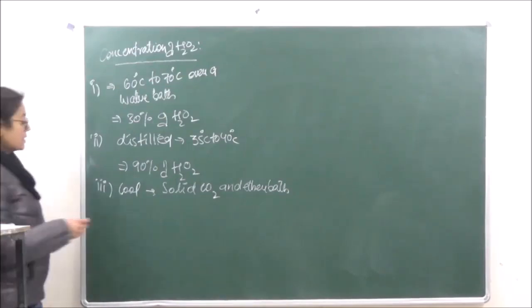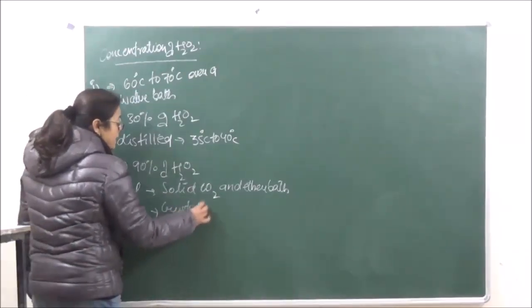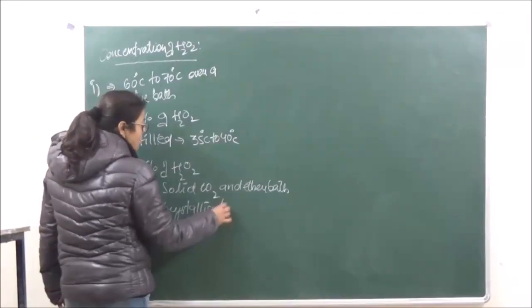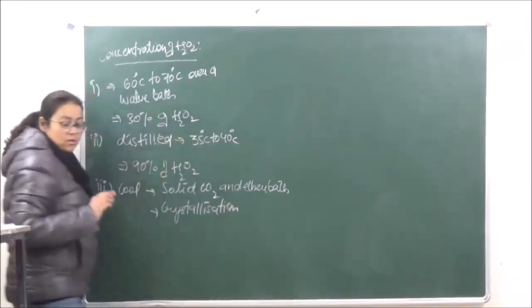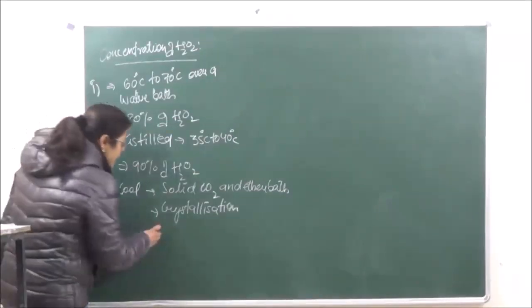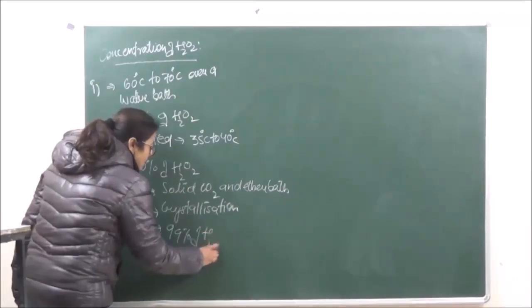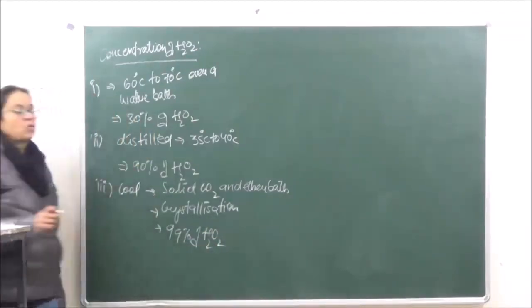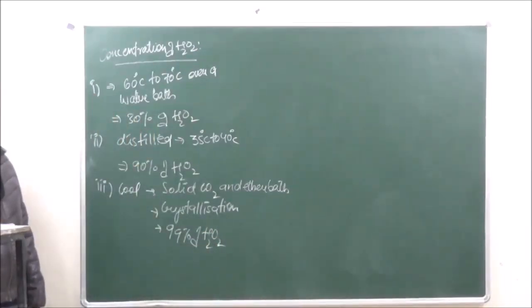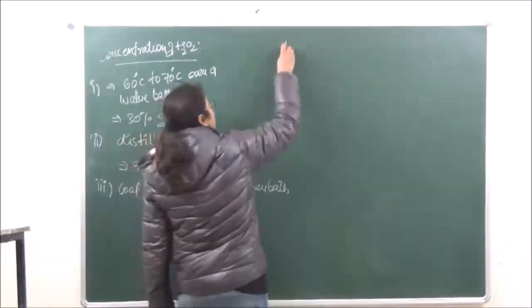Okay? Once the crystallization takes place and the crystals start settling down, we get approximately 99% of H2O2. So this is how concentration of H2O2 can be done. Let's go on to the properties.